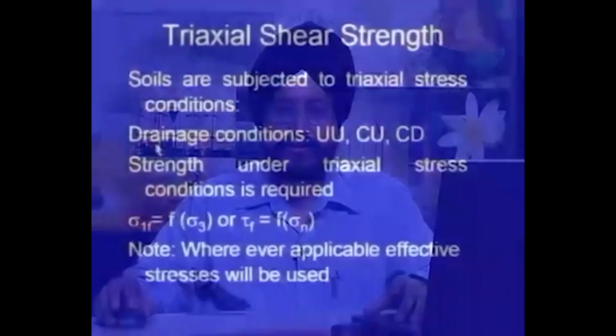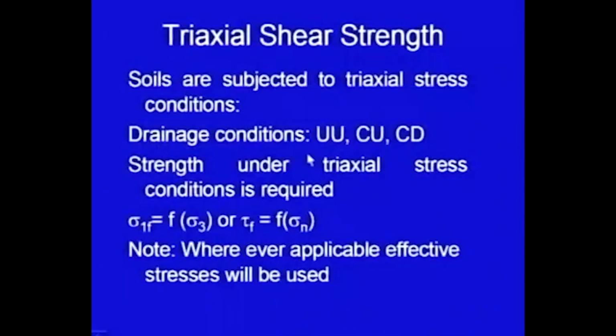One of the tests which is used is the triaxial shear strength test. There are different drainage conditions which you have studied earlier in your previous course: the unconsolidated undrained test, consolidated undrained test, and consolidated drained test. For doing the analysis in the field, whether it is the bearing capacity computation or the slope stability analysis, you will need the strength under triaxial stress under all these drainage conditions.